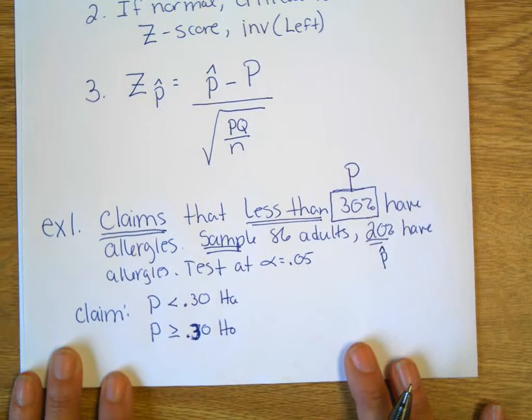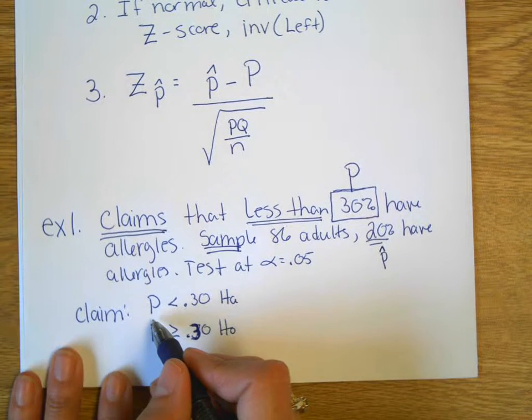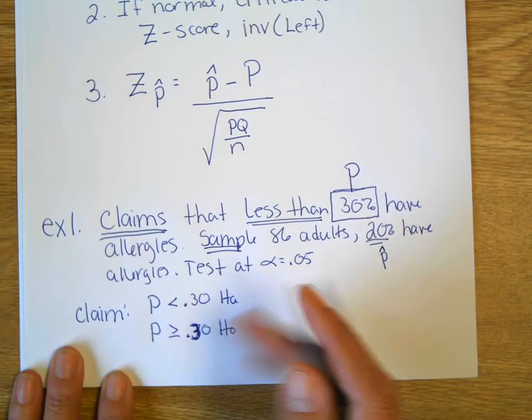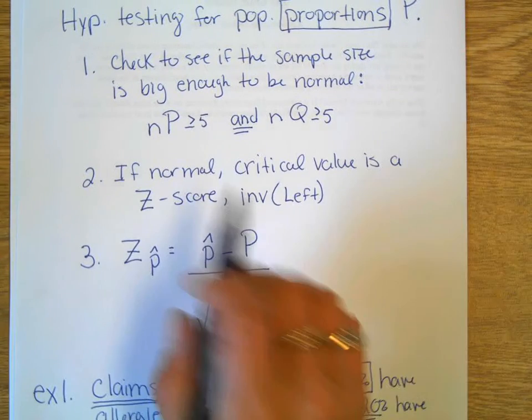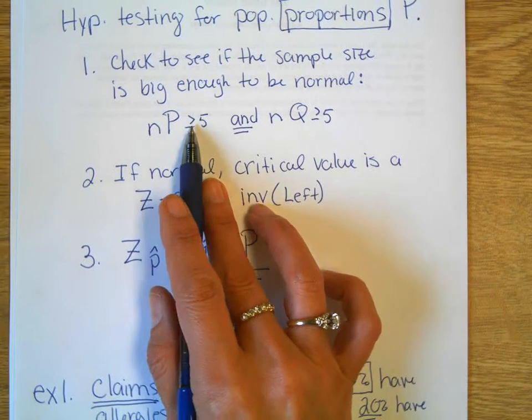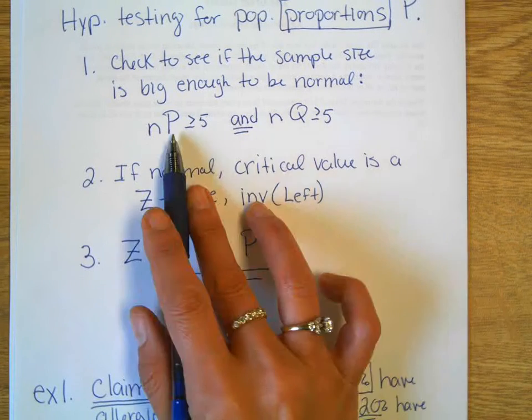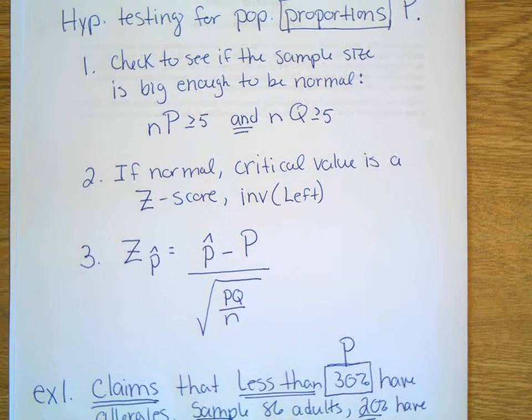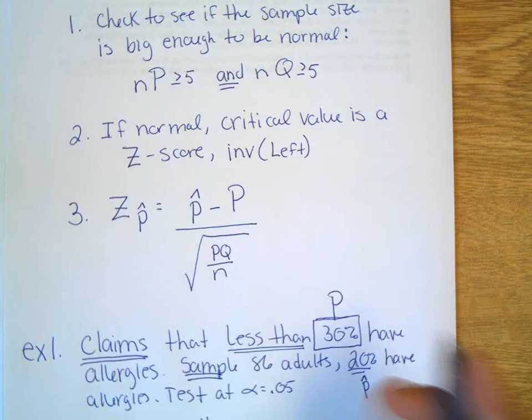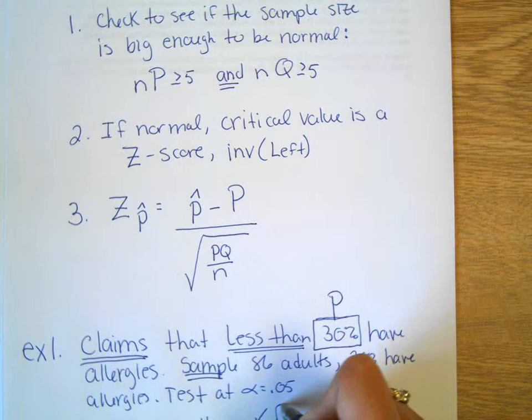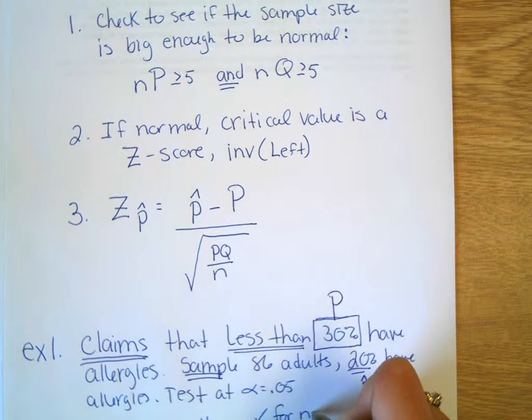Anyway, so before we move on, because our claim has big P in it, I have to make sure that the sample size is big enough, and those are the two things that I have to check. So this is the extra step that you have with proportions. And if you forget it, it's going to be minus 1 or 2. So we will check for normal before we move on.